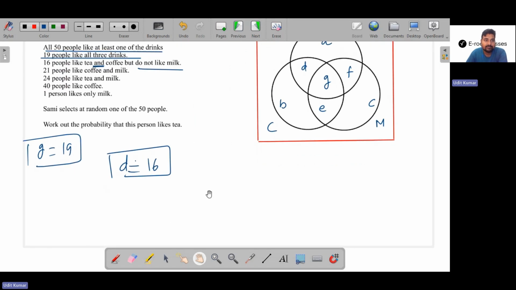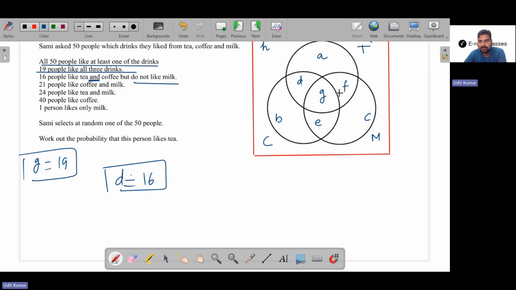Then 21 people like coffee and milk. That means it is talking about the intersection of coffee and milk. So G plus E is this portion of the intersection.